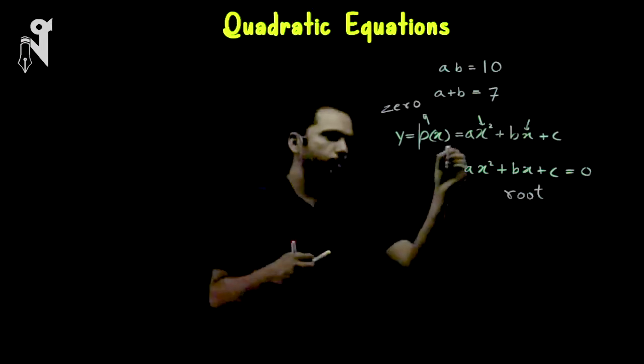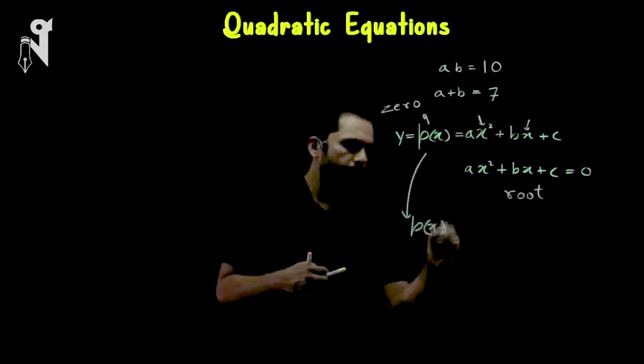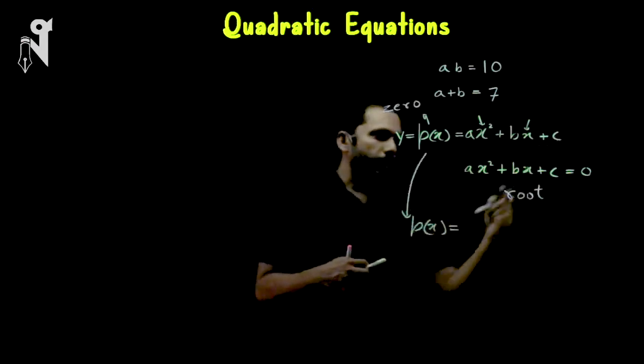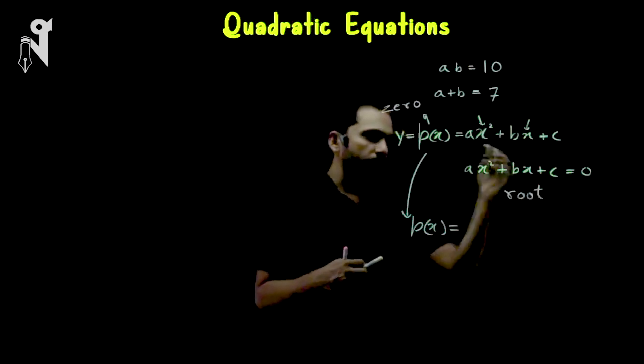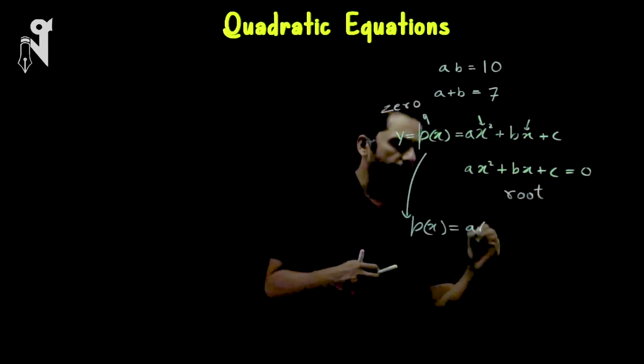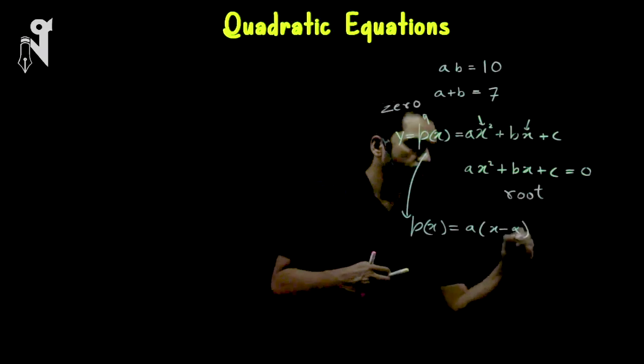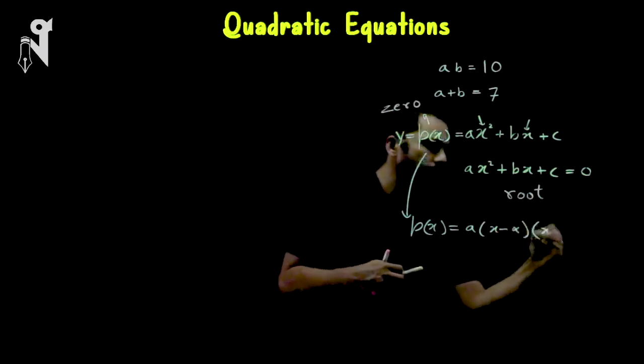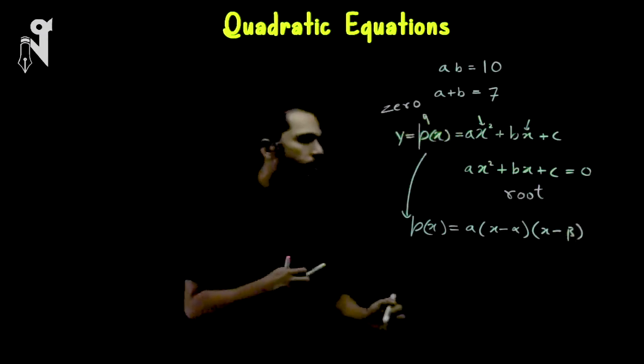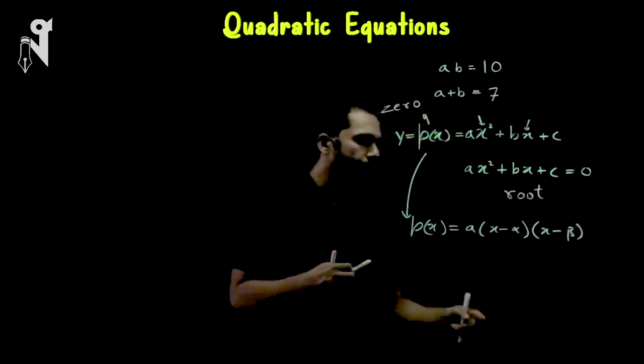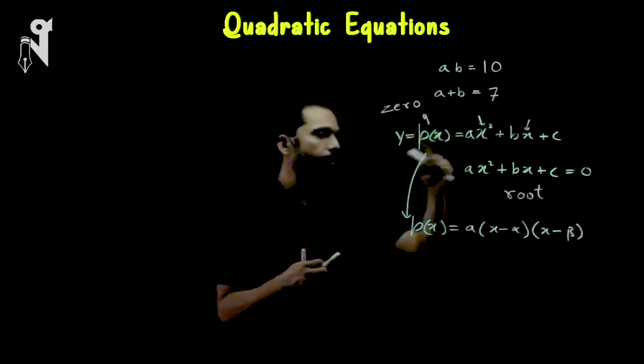If I'm able to factorize p(x), I'm not writing a particular polynomial, I'm just writing a general one. It would look like a(x minus alpha)(x minus beta), where alpha and beta are the zeros. These are the two factors apart from a, which you have taken common.